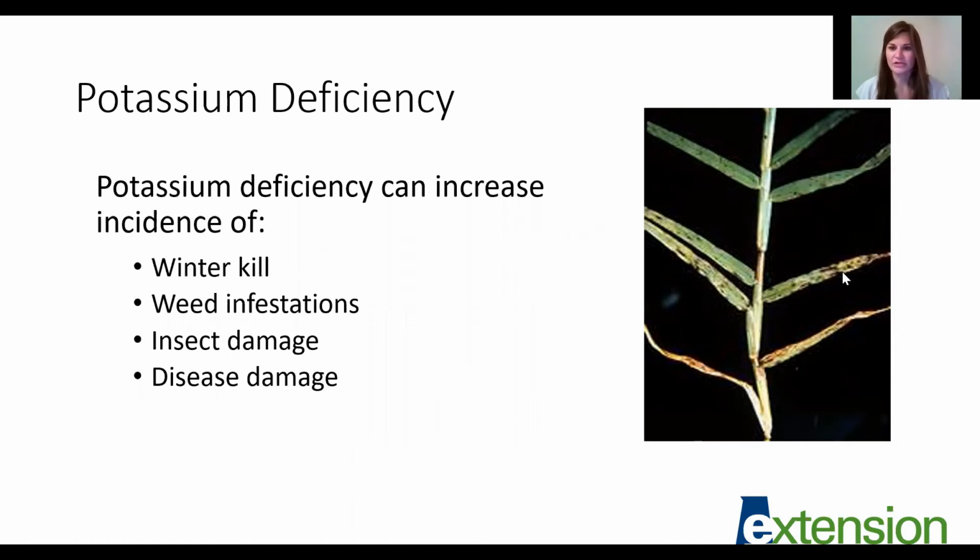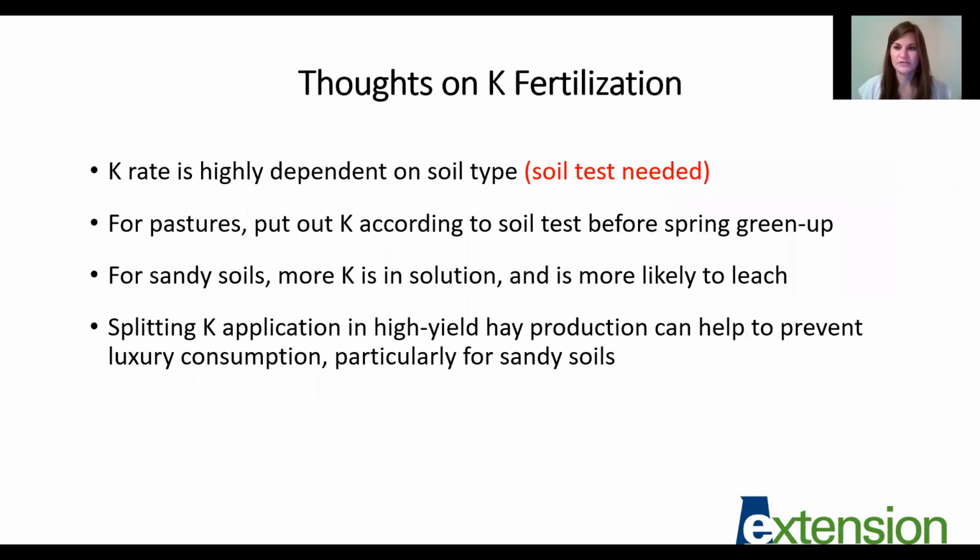So potassium deficiency will show up on many grass species as a yellowing around the outer edges of the leaf. And again, because that can increase susceptibility to disease damage, you often start to see disease damage following potassium deficiency as well. So it's very important to soil test because potassium rate will be highly dependent on soil type.